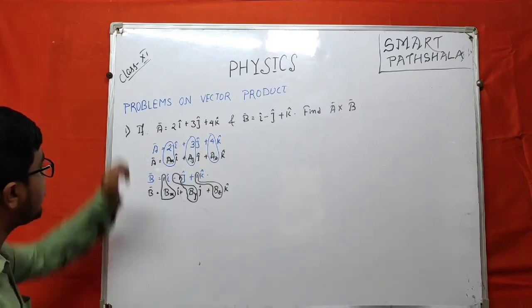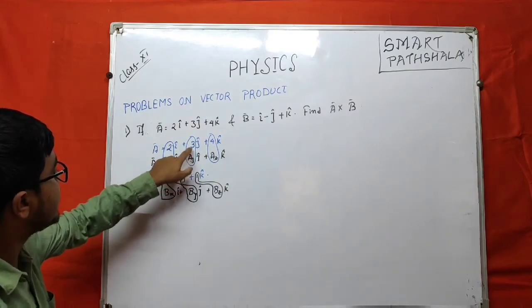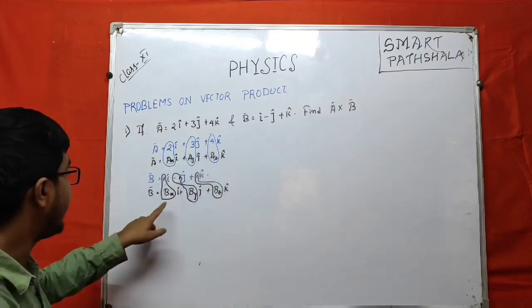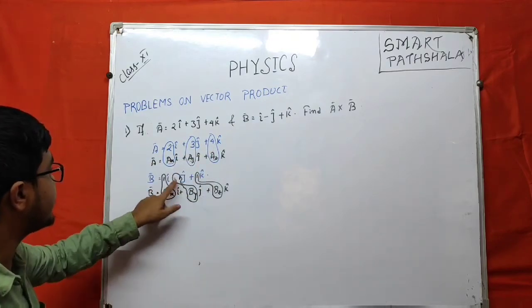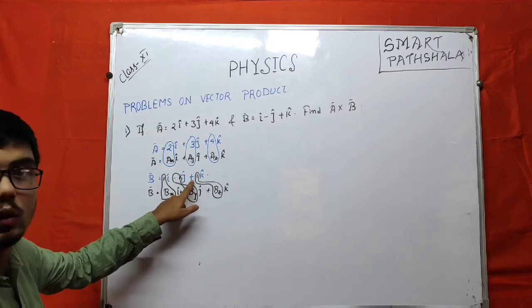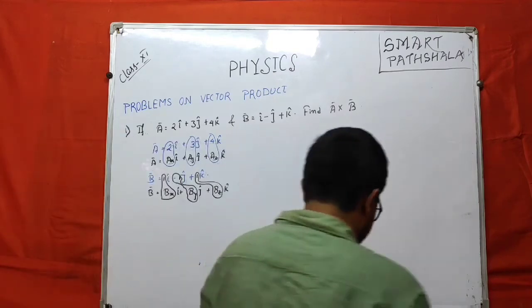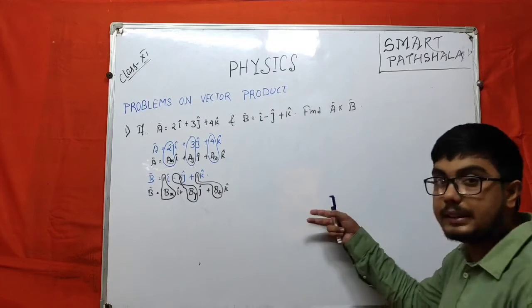So what we have got from here? AX is equal to 2, AY is equal to 3, AZ is equal to 4, and BX is equal to 1, BY is equal to minus 1, and BZ is equal to 1. Now we have to arrange them in our determinant form.